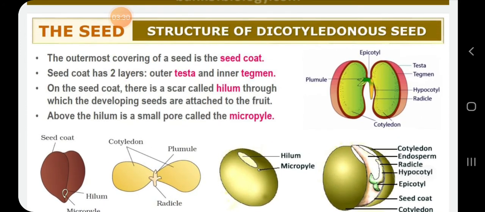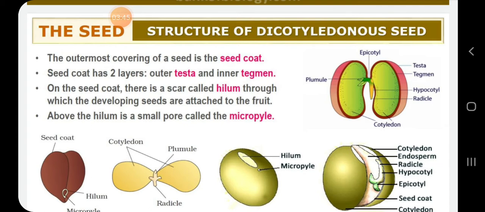So the outermost covering of the seed is the seed coat, and the seed coat has two layers, of which the outer is testa and the inner is tegmen.